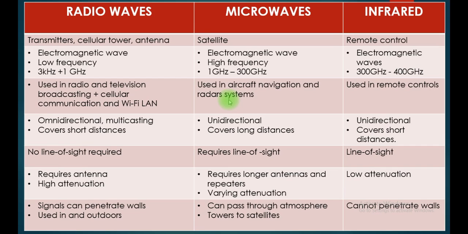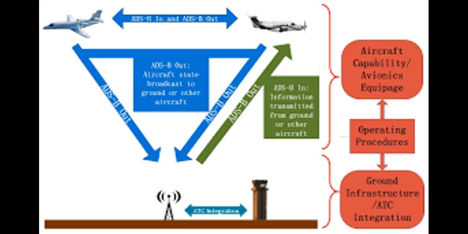The thing with aircraft is that typically, over land masses, you find that they have these radars at strategic locations, and that is how they're able to track the planes.